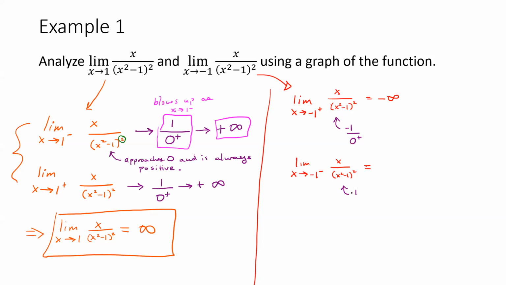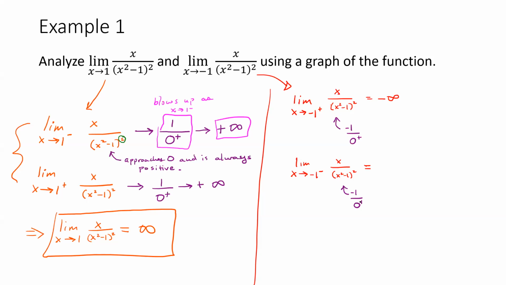So this should be negative infinity. Same here. This is approaching -1 in the top. The bottom is approaching 0, right? If I put -1 in for x here, you get 0 in the bottom, but it's approaching 0 from the positive side.